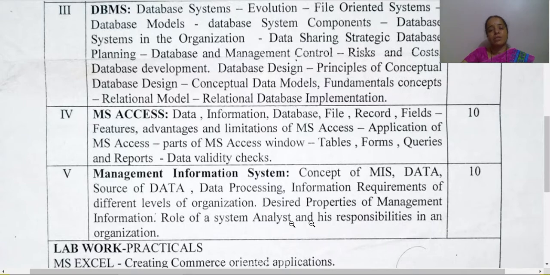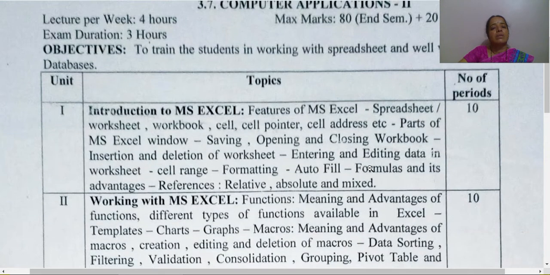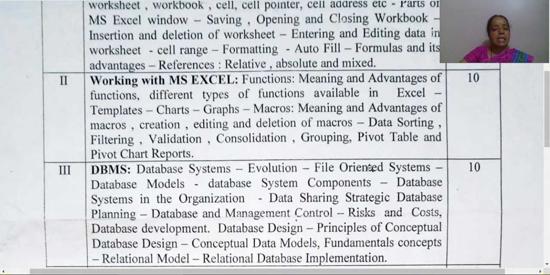Who is the system analyst, and what are the responsibilities of an analyst in an organization. Now we can learn in MIS, Management Information System. Okay, this is about your syllabus.